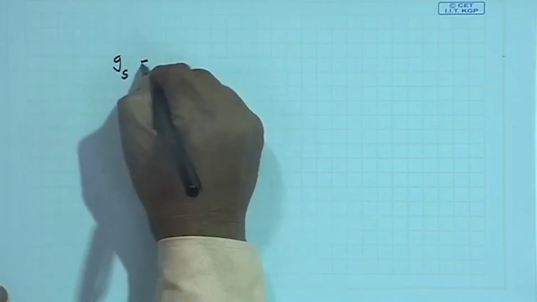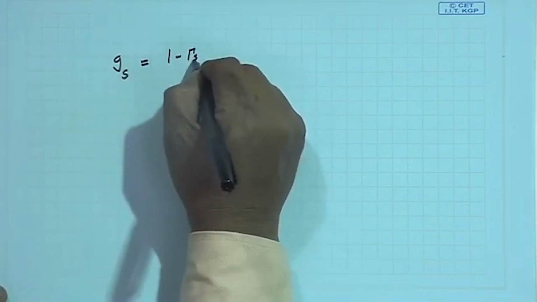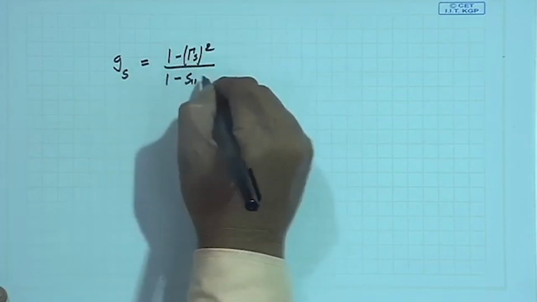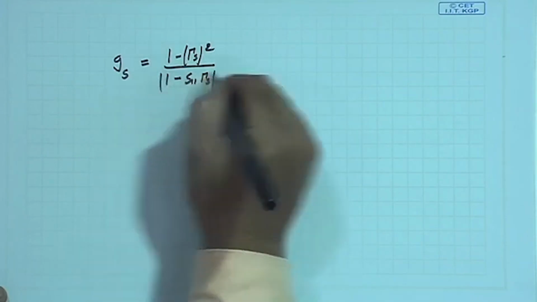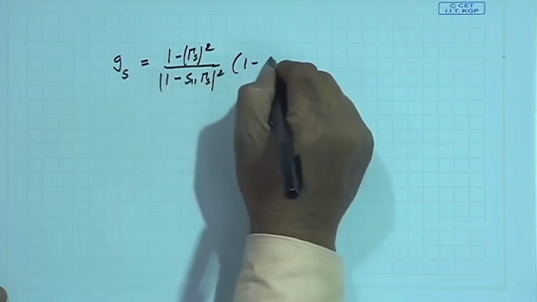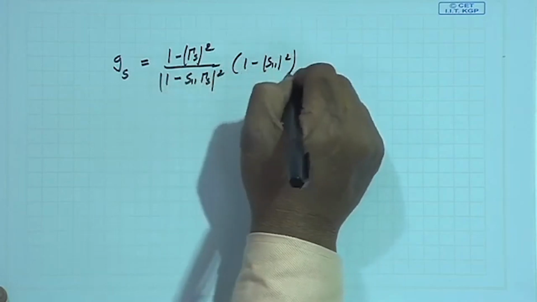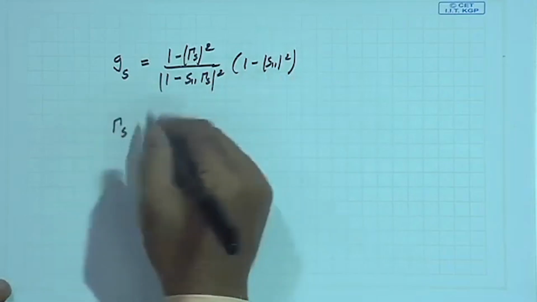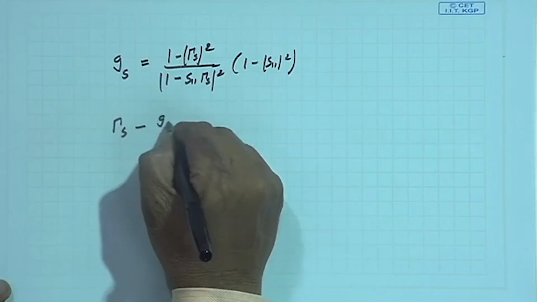So, GS I write as 1 minus, again I am writing, 1 minus gamma s square by 1 minus S11 gamma s square into 1 minus S11 square. So, solve for gamma s. If I do that, again I get something like this.